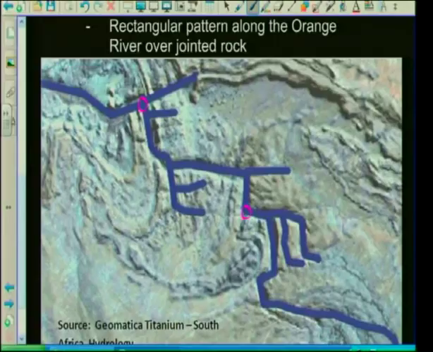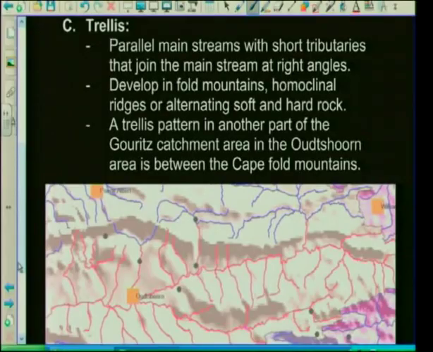So for a rectangular pattern, in order to identify it in a diagram, you need to look as to whether those tributaries are making 90-degree angles, and when the tributary enters the mainstream, is it making a 90-degree angle. Furthermore, if you were asked to give a reason, a rectangular drainage pattern will form on igneous rocks that are well jointed.